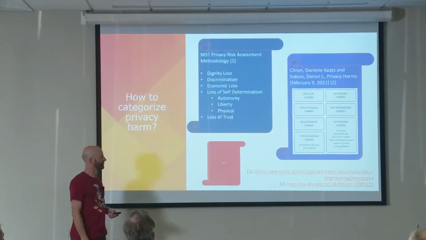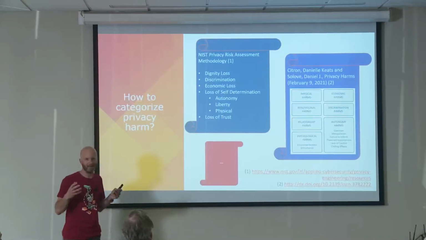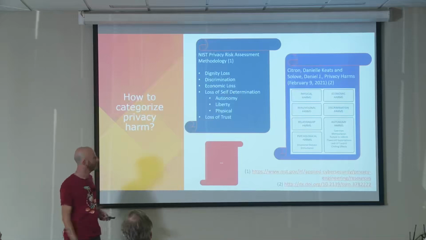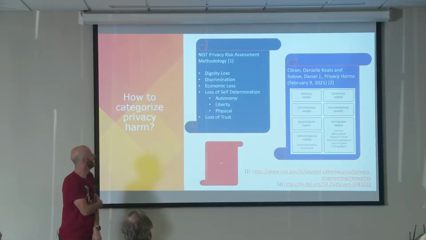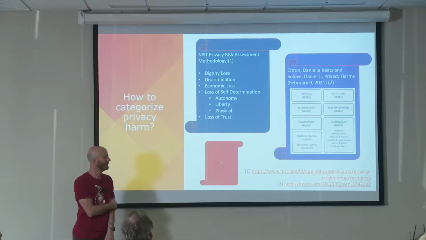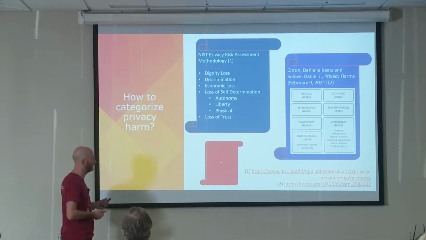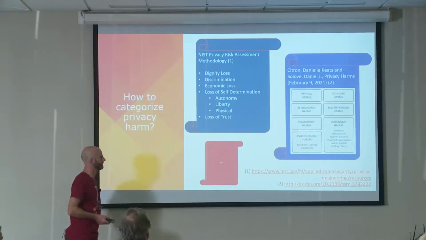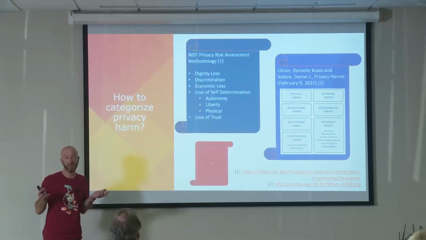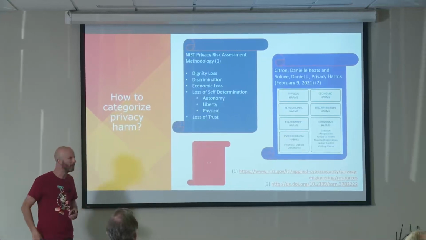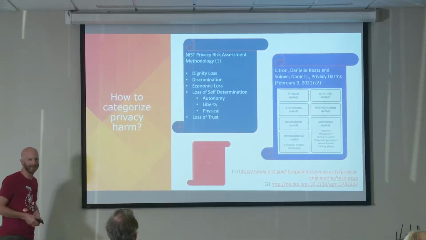You get distressed about people surveilling you, and that's impacting you. And then there's a whole list of autonomy harms. Somebody could get personal data about you and try to manipulate you, in terms of voting maybe, who knows, or coercion or blackmail. So those are some catalogs that can get us started.